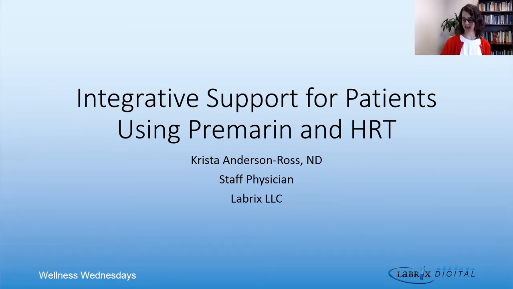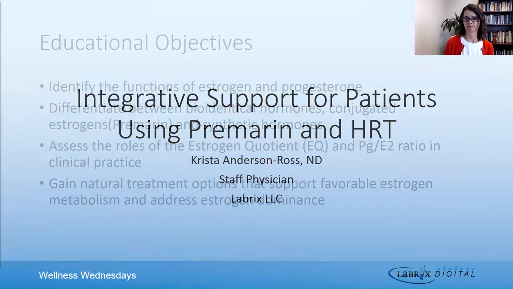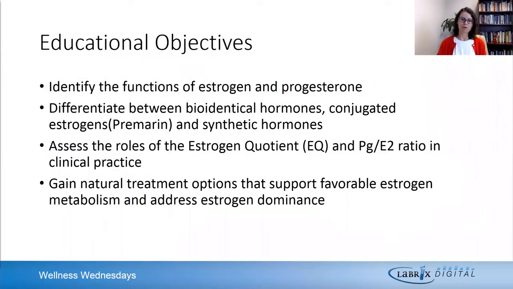We're going to be talking about support for patients who are using Premarin and hormone replacement therapy. We're going to be talking about the different functions of estrogen and progesterone and differentiating between bioidentical hormones, conjugated estrogens, which are also known as Premarin, and synthetic hormones.